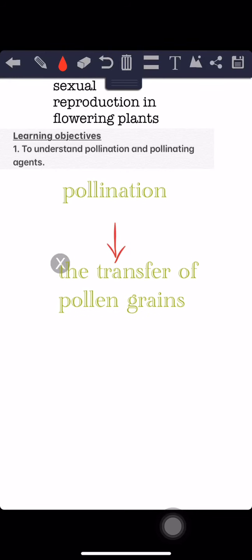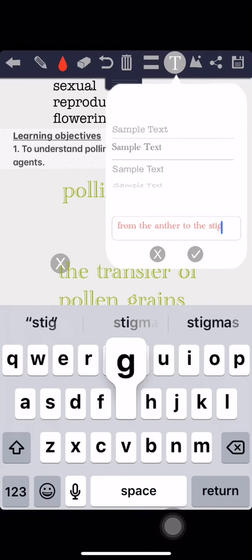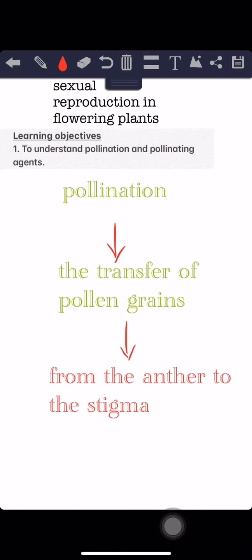Secondly, the second thing which is important to know, from the anther to the stigma. This is important to know also. So what is pollination, children? The transfer of pollen grains from the anther to the stigma.